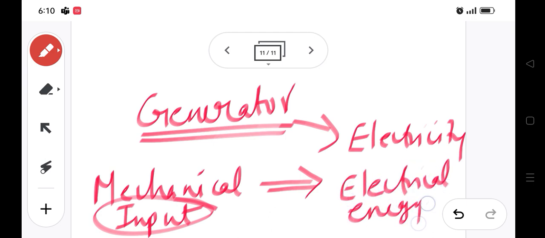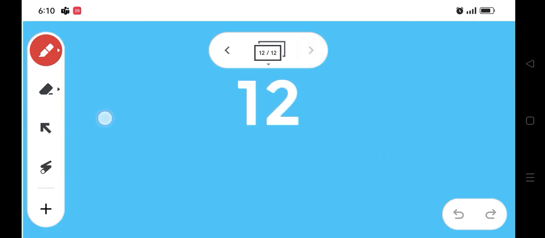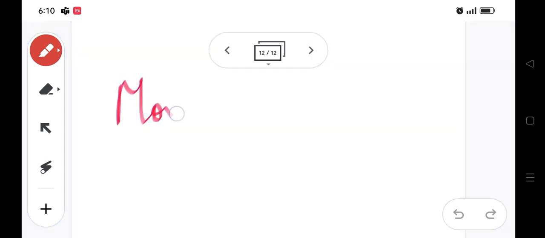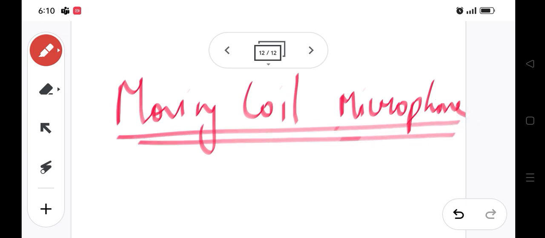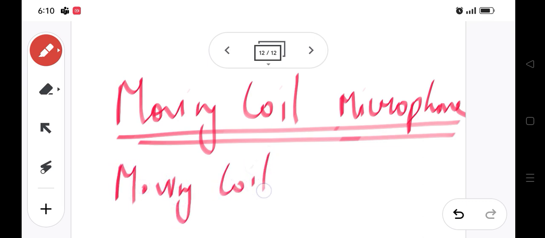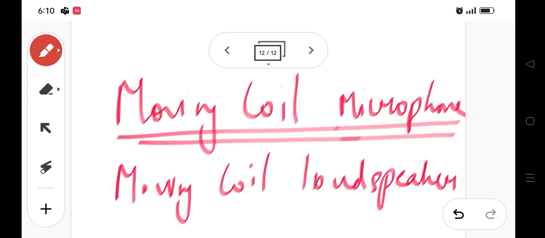Moving coil microphone works based on this way, this mechanical energy to electrical energy conversion. And another instrument that we will learn in the coming class, that is moving coil loudspeaker. Okay, that works on the basis of motor principle.